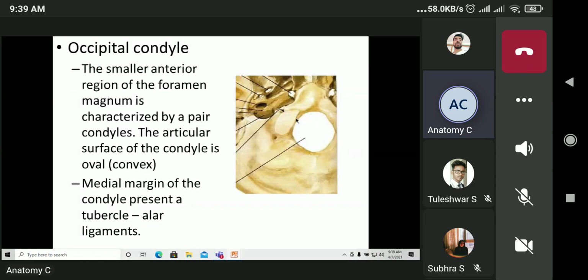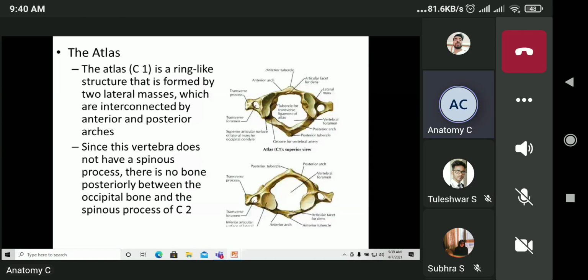This is the atlas. This ring-like structure is formed by two lateral masses, which are connected anteriorly and posteriorly by the anterior arch and the posterior arch. This vertebra doesn't have a spinous process.